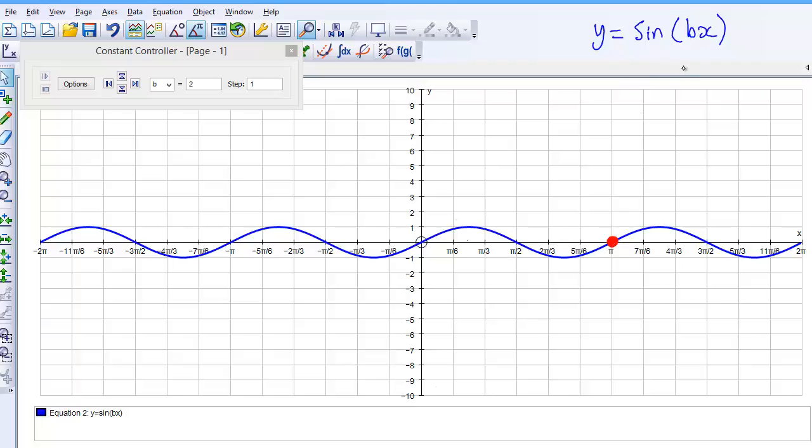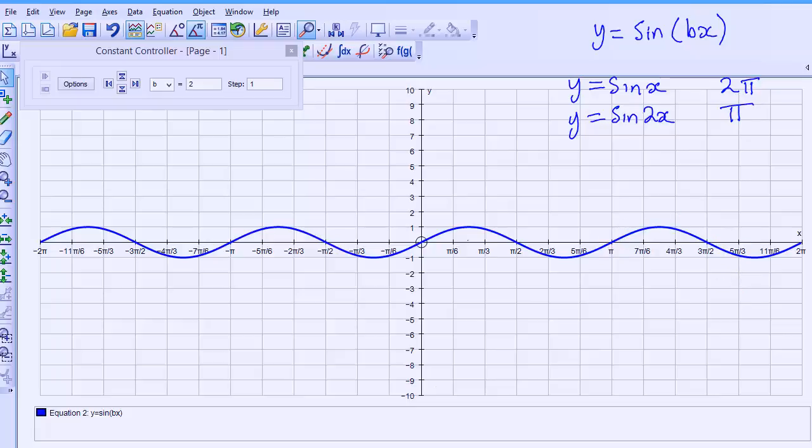So it reduces the period. The standard y equals sine x has a period of 2 pi, but when we have y equals sine of 2x, that has a period of pi.